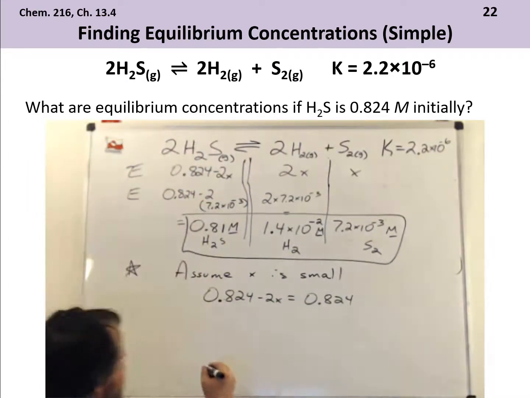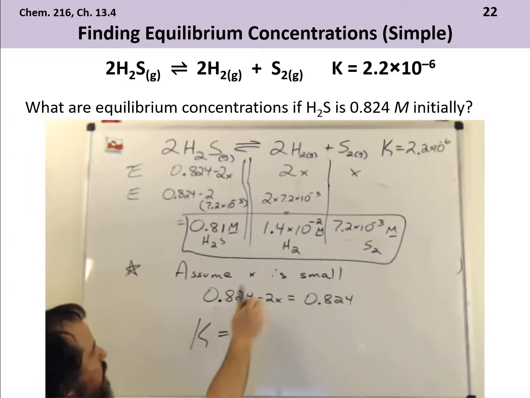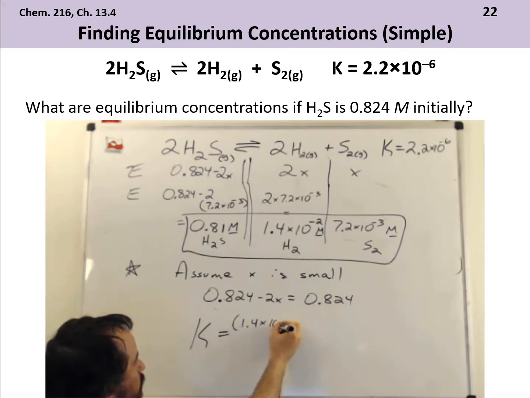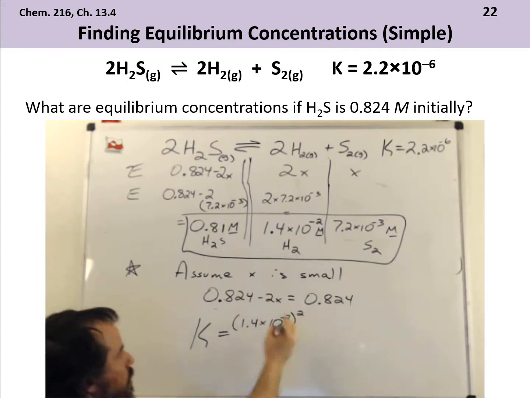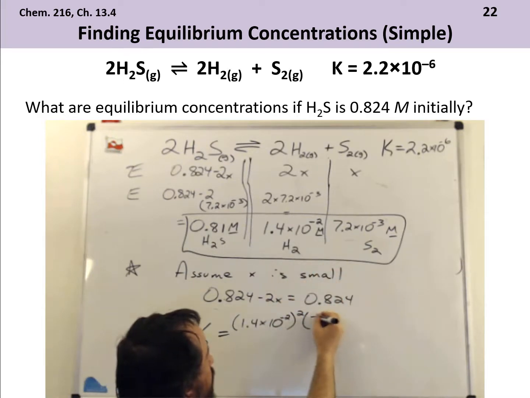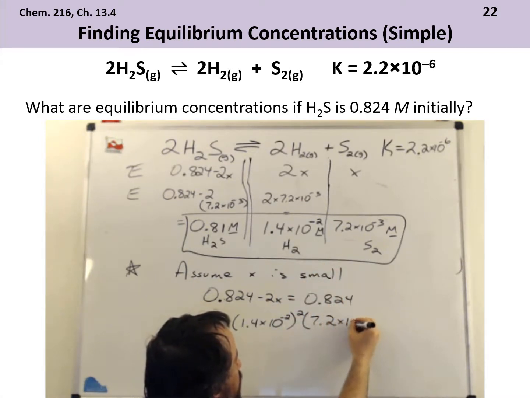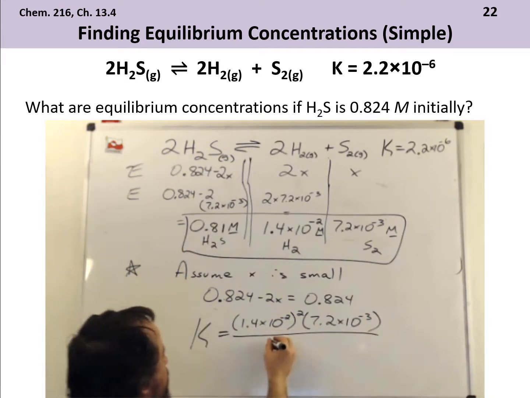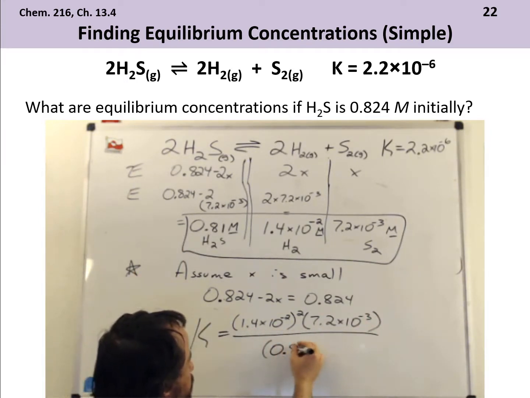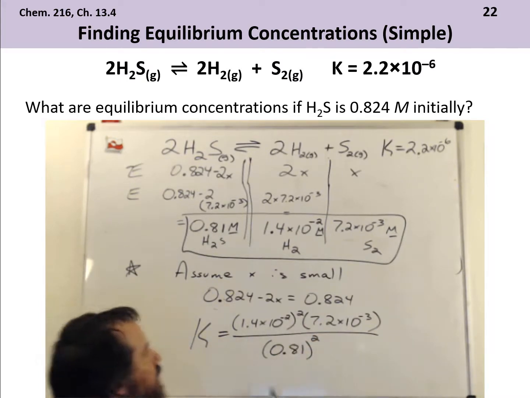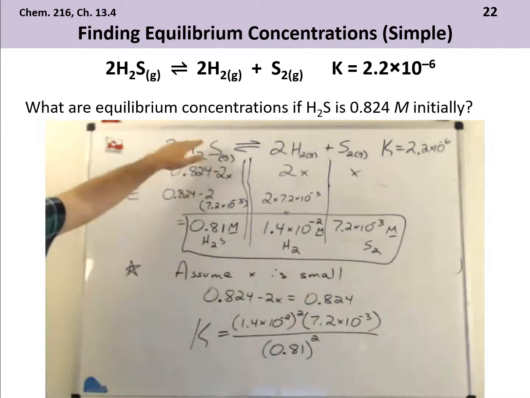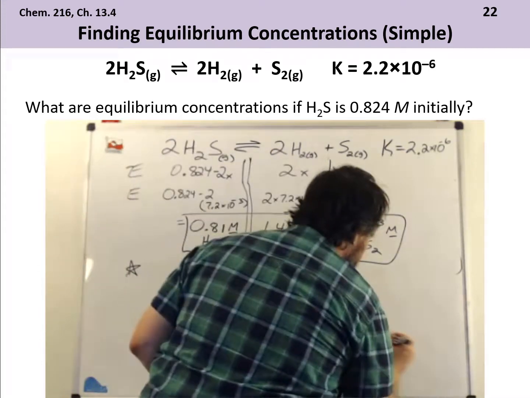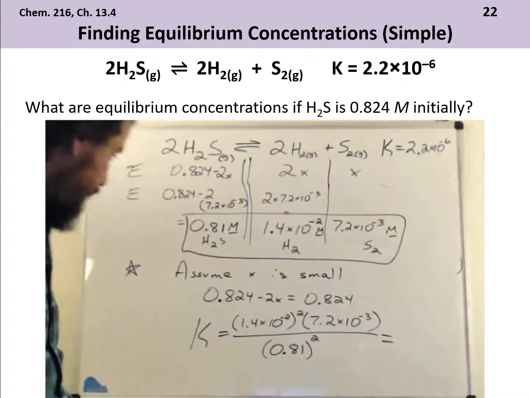So I'm going to say that K equals this squared times this number over this number squared. Okay, why are they squared? Because at the very beginning I said they're squared for Q and for K. All right, I go ahead, I plug this all in.